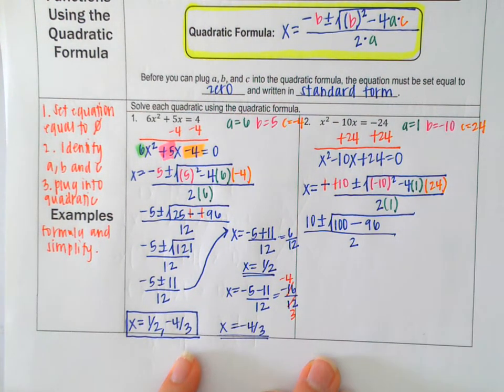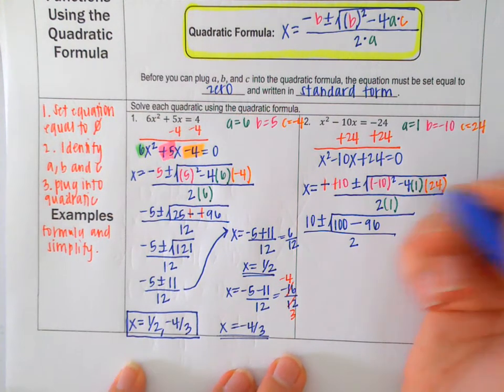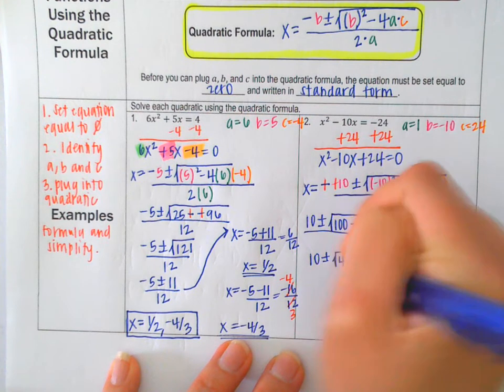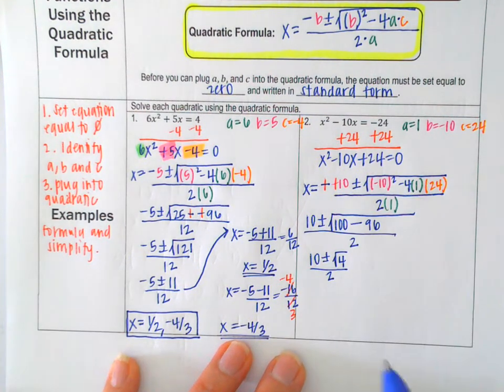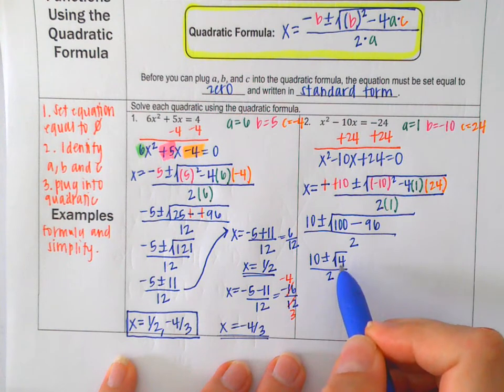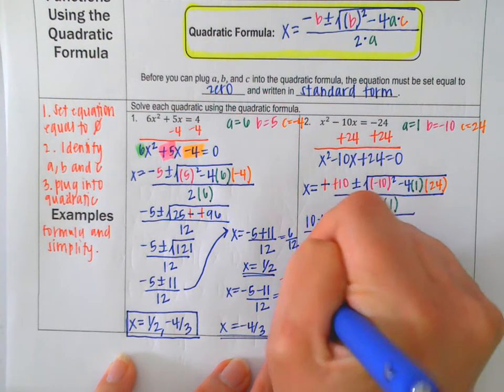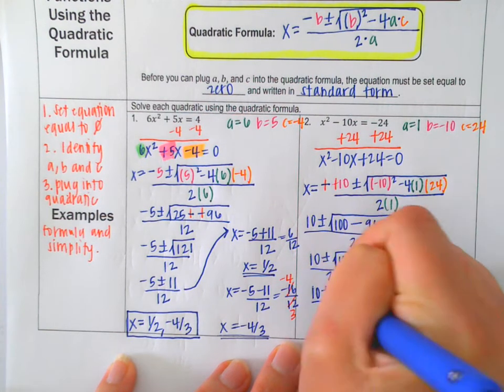Now I can simplify the inside. 100 minus 96 is 4, and divided by 2. Well, do we know what the square root of 4 is? We do. It's 10 plus or minus 2 over 2.